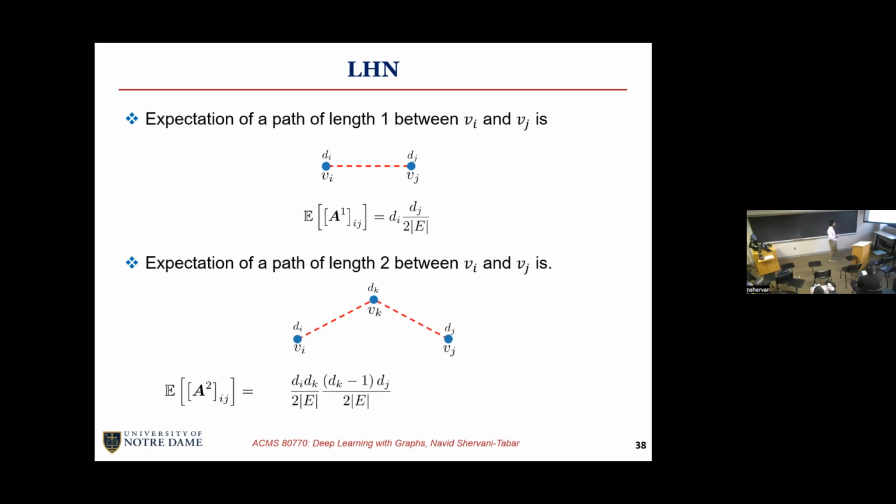Now you might say that you also used one of the edges when you moved from Vi to Vk, so this is going to be 2E minus 1. But in practice, Dk is usually orders of magnitude smaller than the total number of edges in our graph, so subtracting 1 doesn't really make any difference. And that's how people use this relation in practice.